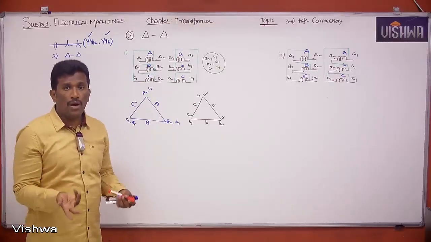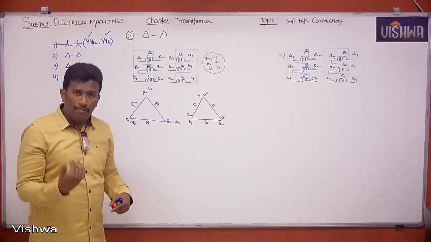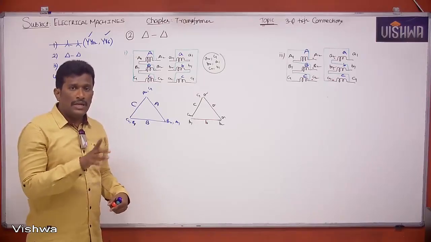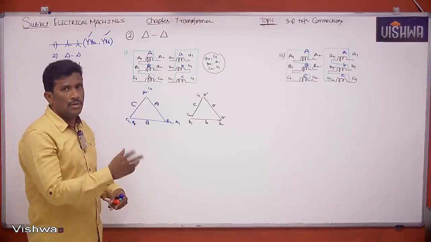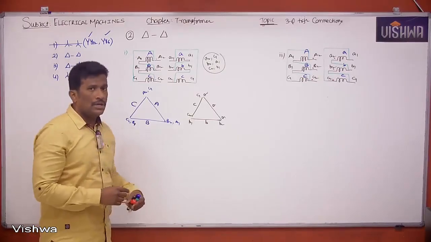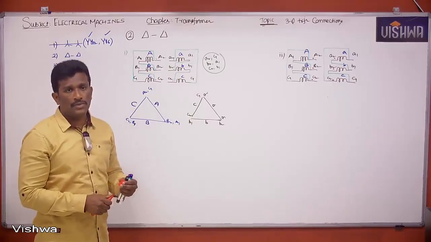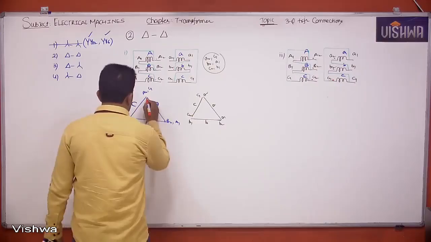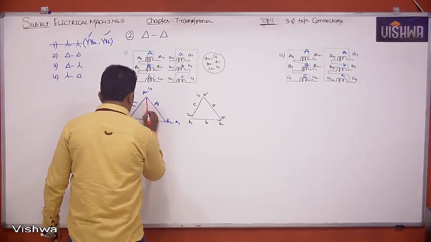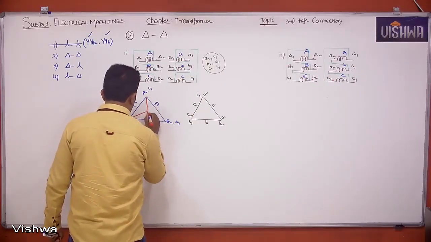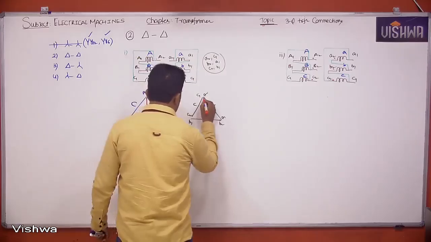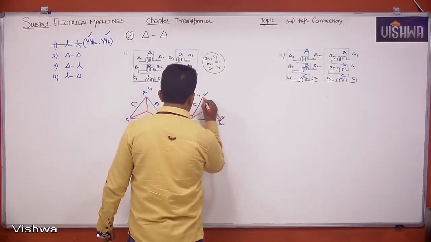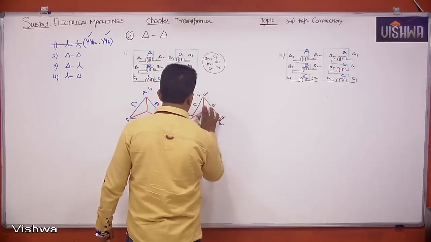So to tell the angle between the secondary line voltage and the primary line voltage, the delta has to be drawn equivalent to star. So I just drew the star equivalent of delta like this. Similarly here also, I drew the star equivalent of delta.